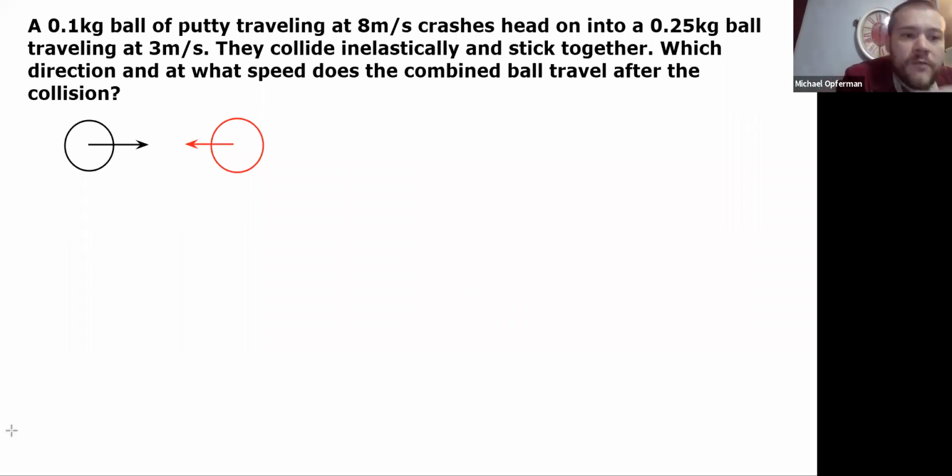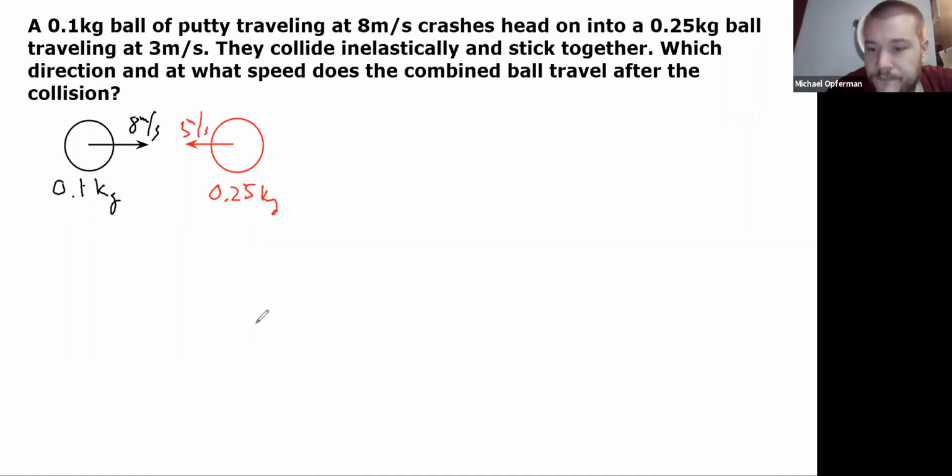The mass of the black one will be 0.1 kg, and this one's traveling at 8 meters per second. And the red one has mass 0.25 kg and velocity 3 meters per second. So there's my initial state.